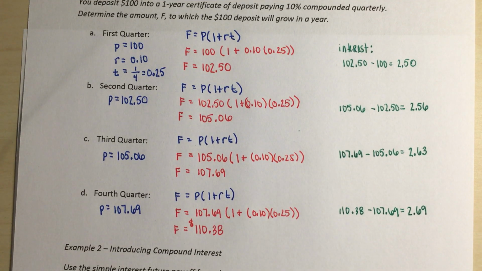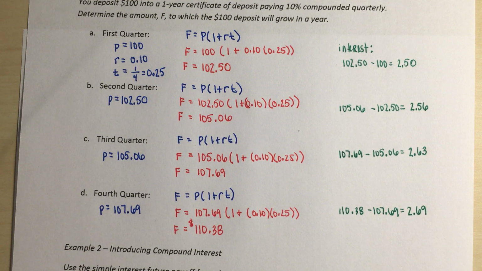Right, so our interest increases just a little bit each time from our original amount. And the reason is because we're finding interest on the interest that we've previously added. Each time we add that extra interest into our principal, then we do our calculation again, and it continues to grow.